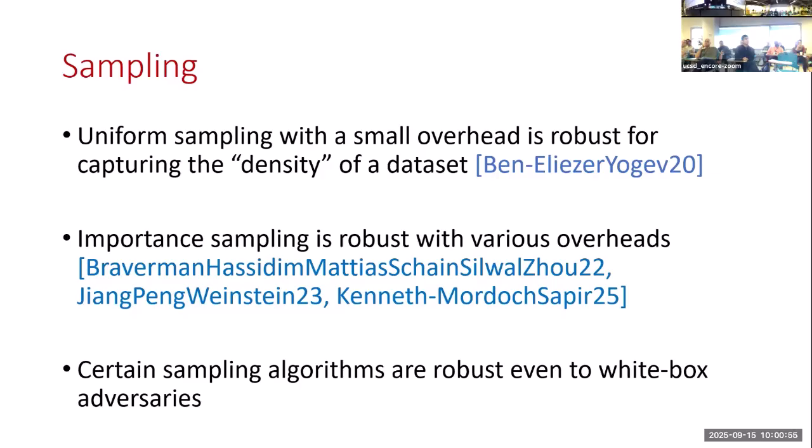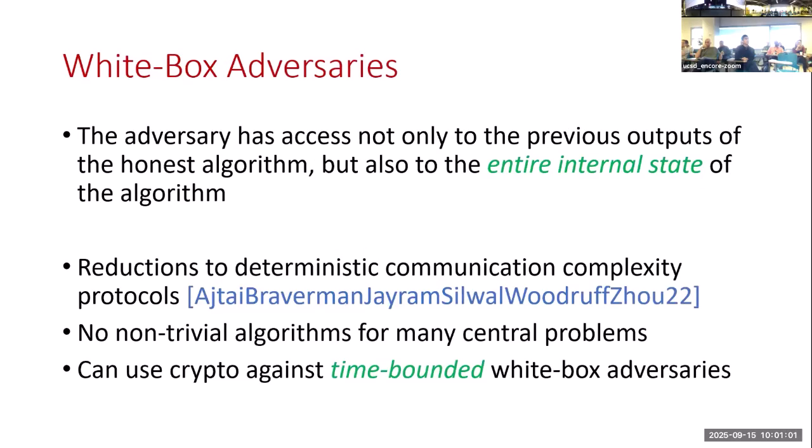In fact, these approaches showed that sampling algorithms are robust to what's known as white box adversaries. So let me skip ahead to white box adversaries. This is the most powerful adversary: before, we said that the adversary has access to the output of the algorithm, but now the adversary has access to the entire internal state of the algorithm, including the internal parameters.